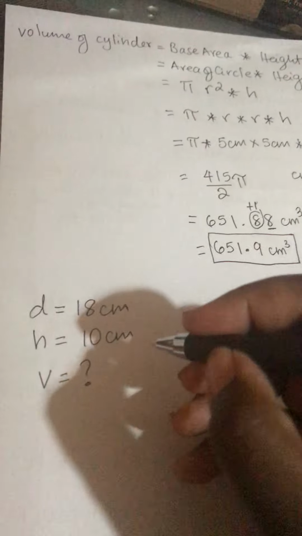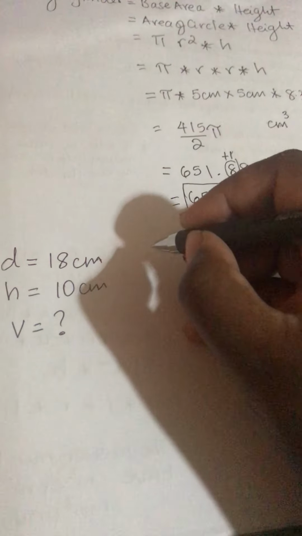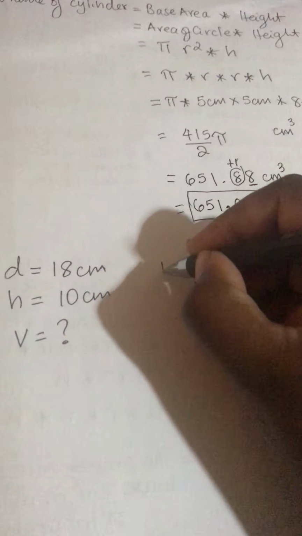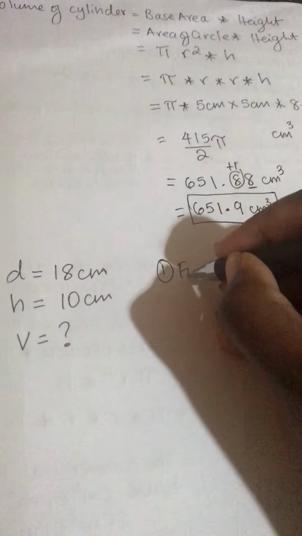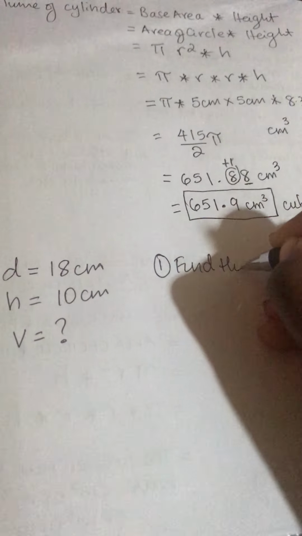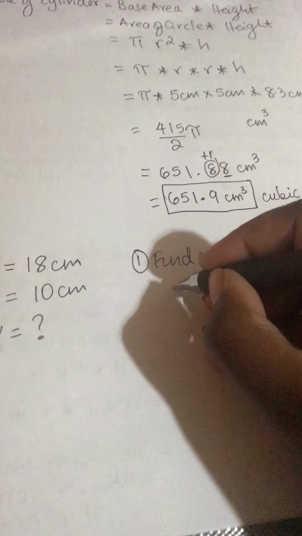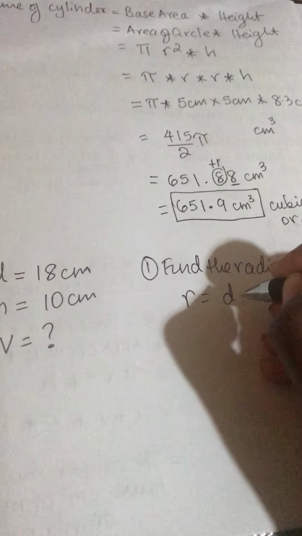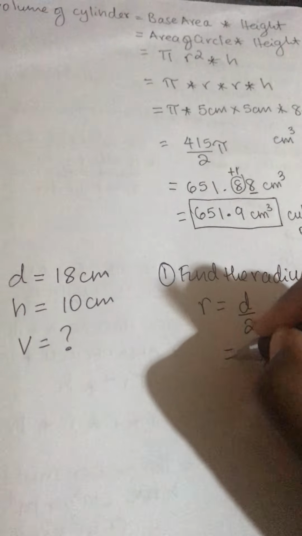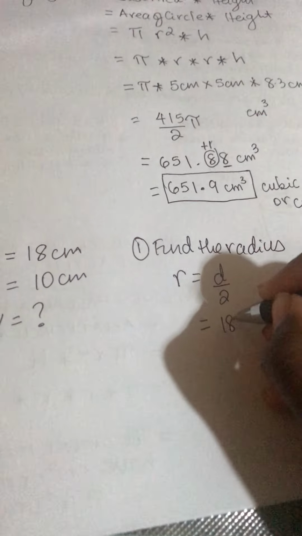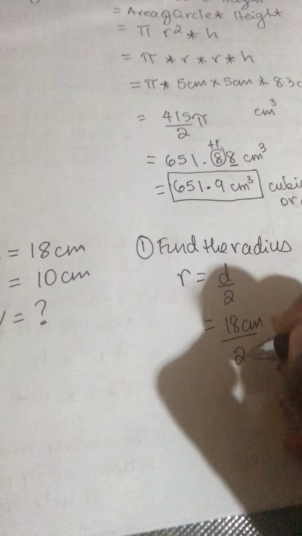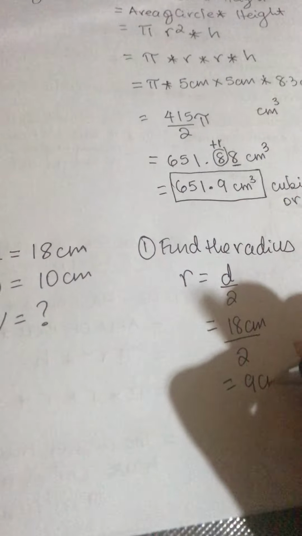Okay, so step 1, find the radius. R equals diameter divided by 2. So 18 centimeter divided by 2 is 9 centimeter.